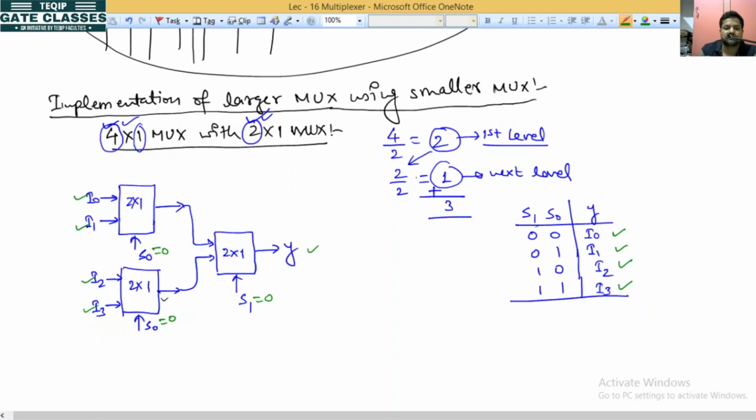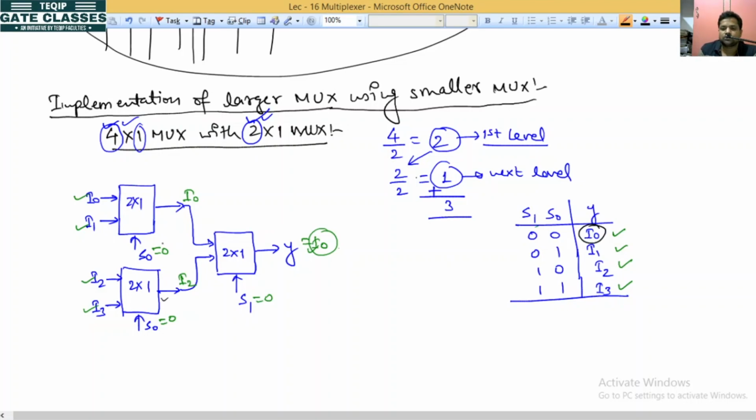Now if S0 is 0, then I0 will be transferred to the output. Here we have S0 0, so I2 will be transferred to the output. Now again S1 is 0, so I0 will be transferred to the output. So when both are 0 0, the output will be I0. We are getting it here. Okay?